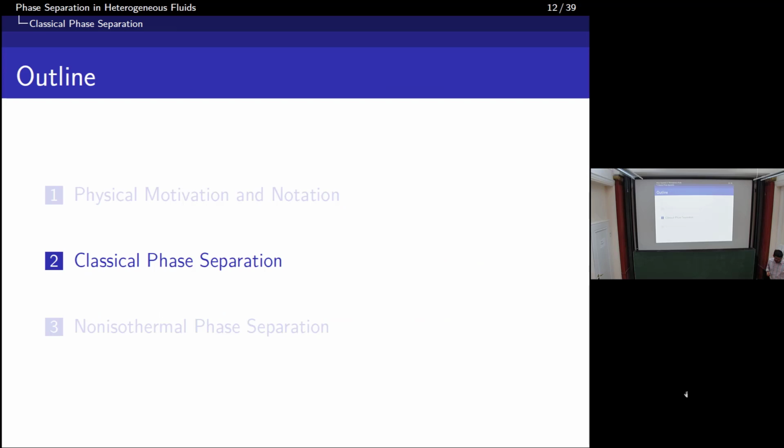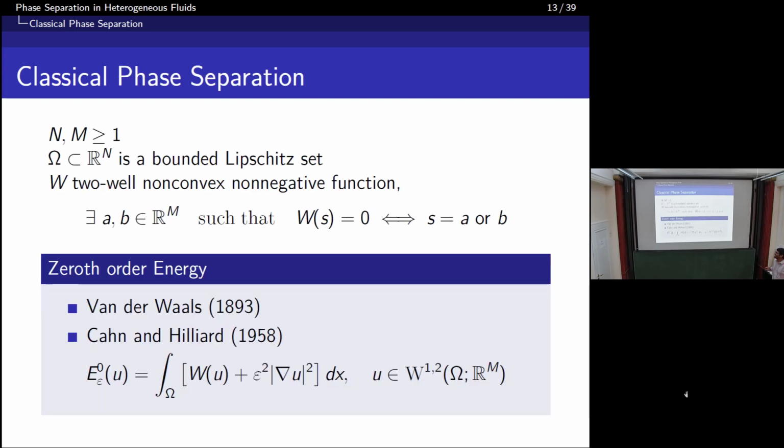So we want to homogenize this submicroscopic phase separation. There are many different models for phase separation, so I'll mainly talk about two different ones. The classical one is the standard Cahn-Hilliard-van der Waals energy, where you have a free energy which encodes the fact that you have wells.